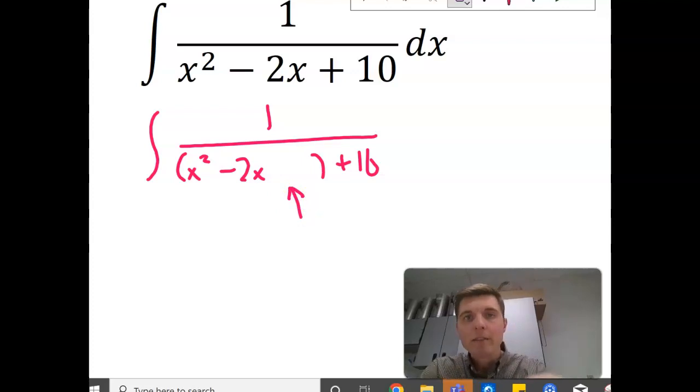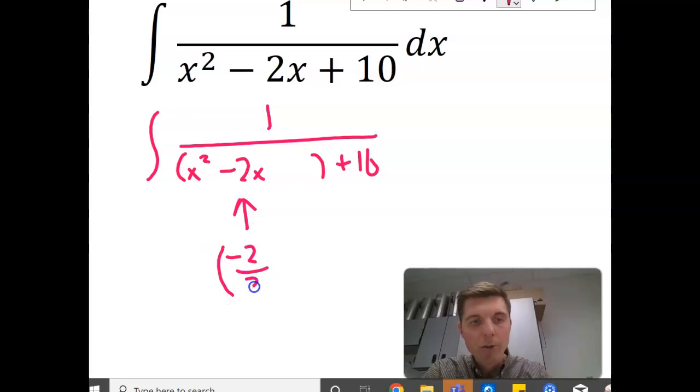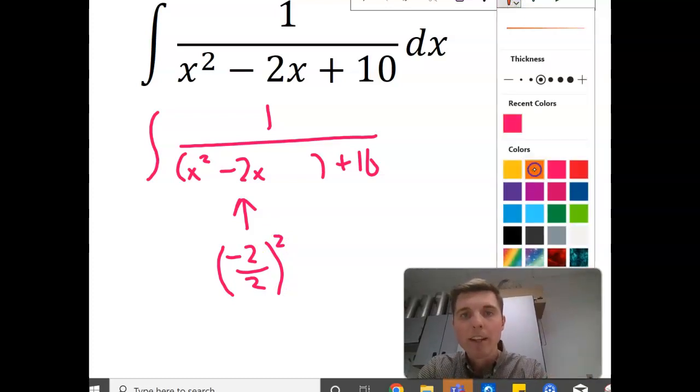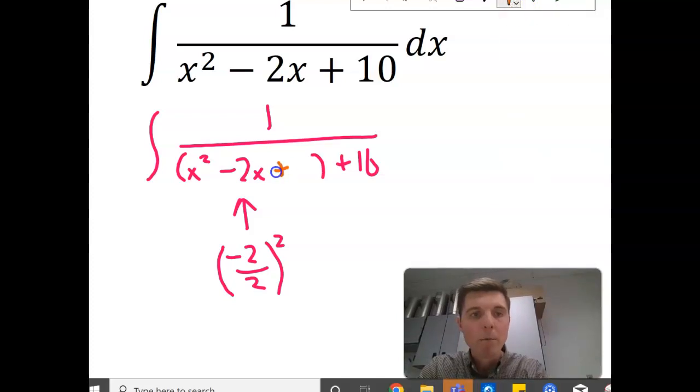And to find it, we say, what is b over 2 squared? So negative 2 over 2 squared. And so it's negative 1 squared is positive 1. That means positive 1 is the number that I'm going to plug in here. And if I add 1, I have to subtract 1 to keep things even on both sides. So I added 1 and I subtracted 1.